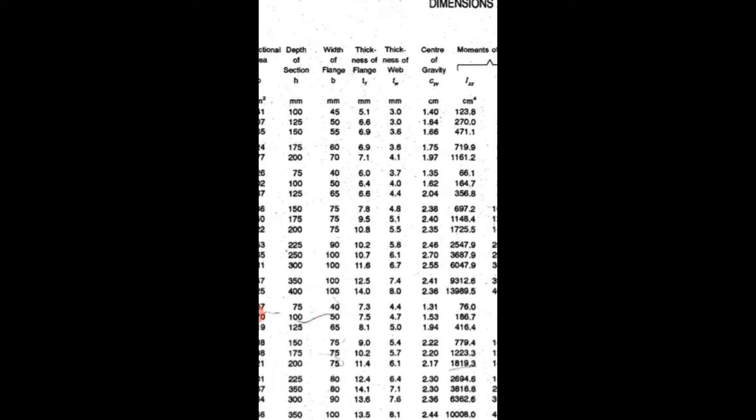Next property, area of section. Next property, thickness of web, TW, expressed in mm. TW is equal to 7.4 mm.